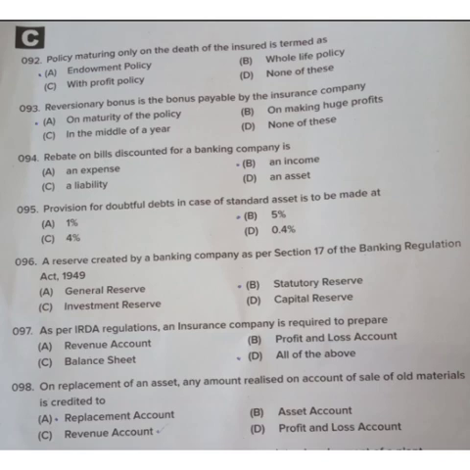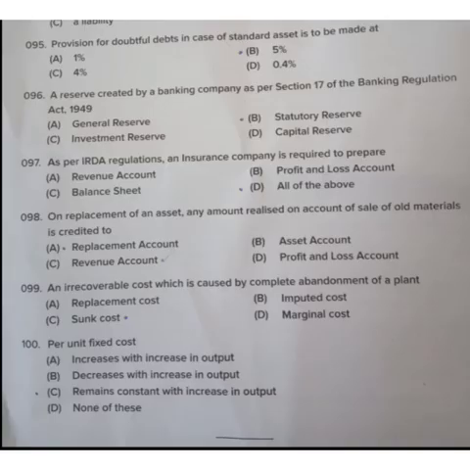A reserve created by a banking company as per Section 17 of the Banking Regulation Act 1949. Option B, statutory reserve. As per IRDA regulations, an insurance company is required to prepare all of the above. On replacement of an asset, any amount realized on account of sale of old materials is credited to replacement account. An irrecoverable cost which is caused by complete abandonment of a plant: sunk cost.